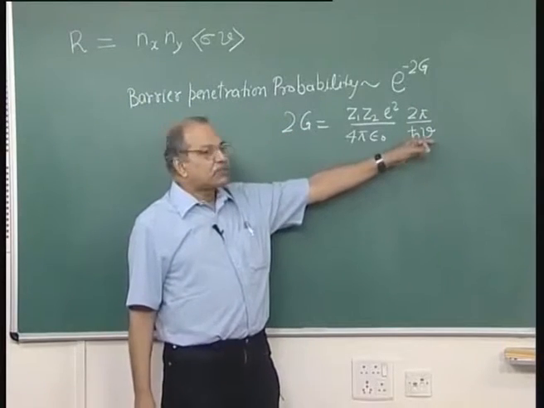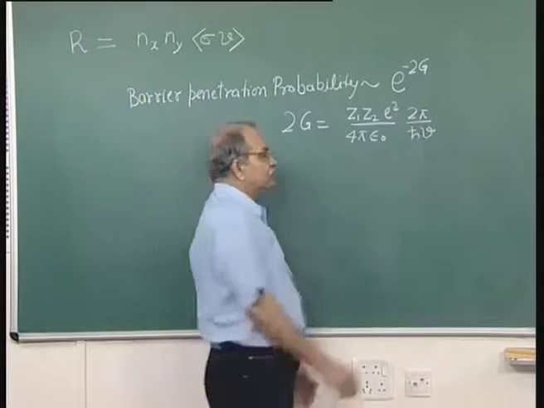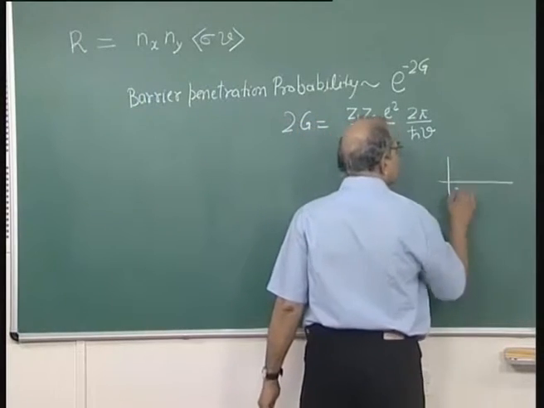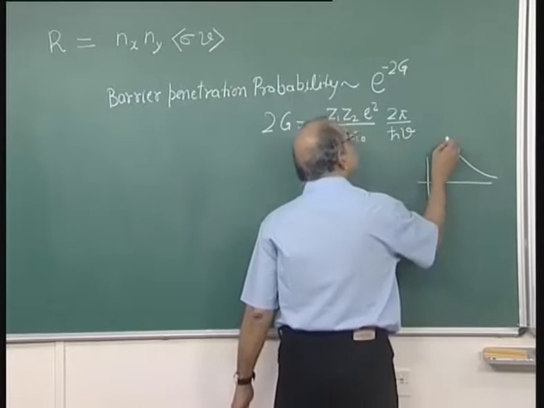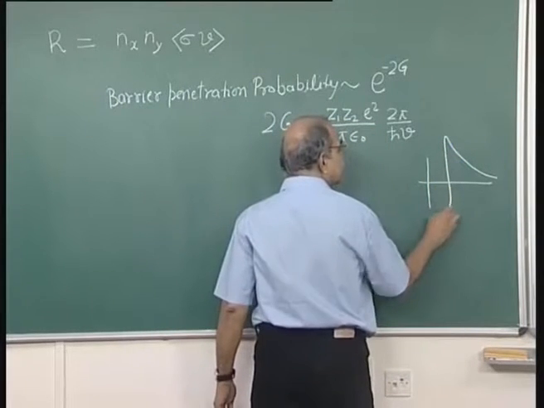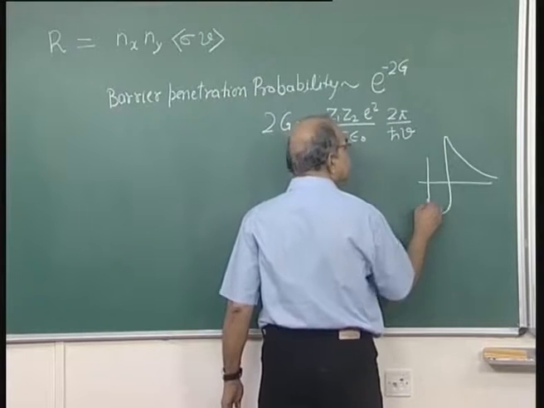So, the relative speed comes here. The barrier, as you remember, is something of this sort: there is a Coulomb type of potential, and then here the nuclear part takes place and the potential is like this.